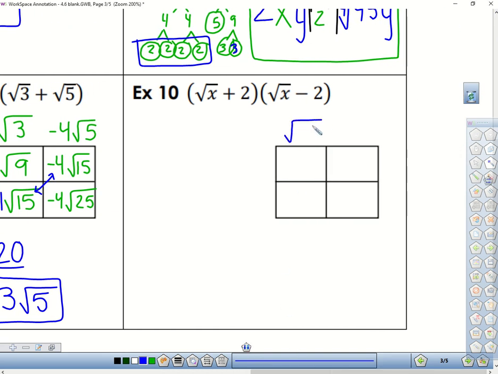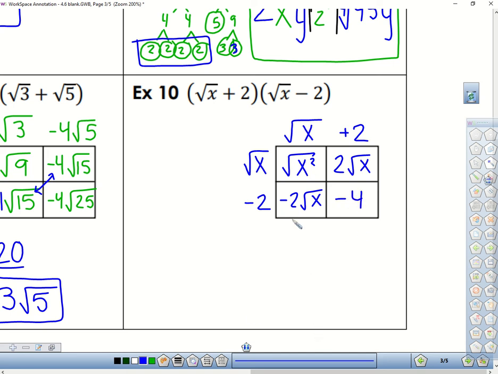So example 10, we're going to do the same thing. We're going to write it out over here. And we're going to multiply the corners. So this becomes radical x squared, negative 2 times radical x, positive 2 radical x, and lastly is negative 4.